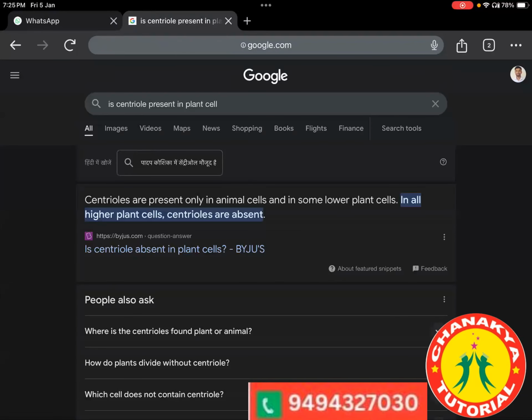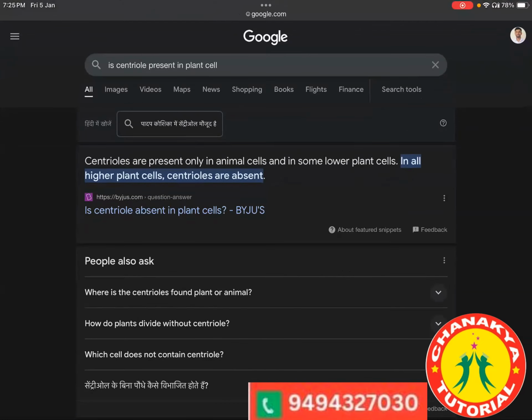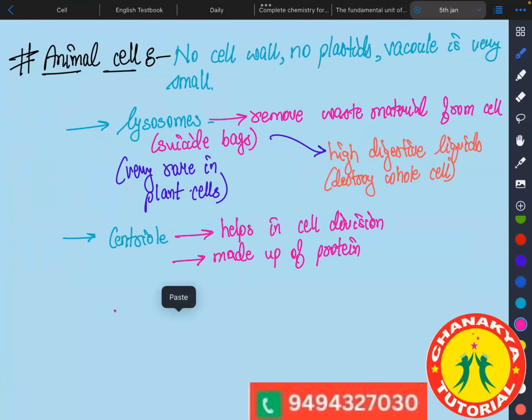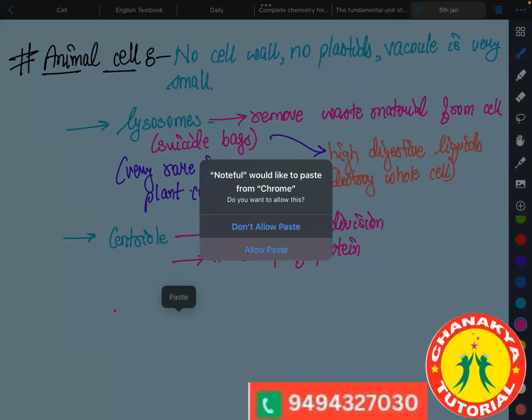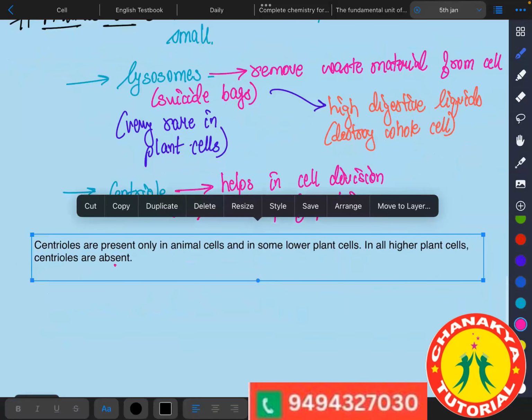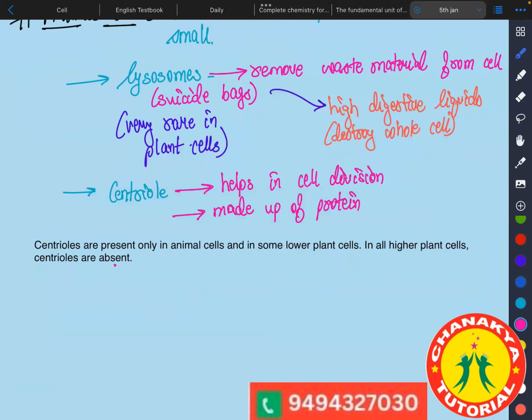Centrioles are present only in animals and some lower plant cells; in all higher plants, centrioles are absent. You can note this down: centrioles are present only in animal cells, and they are absent in plant cell.